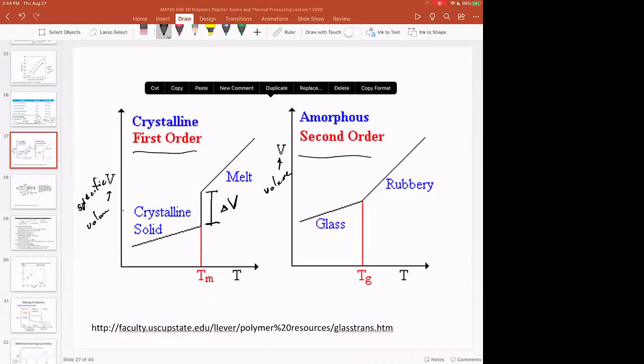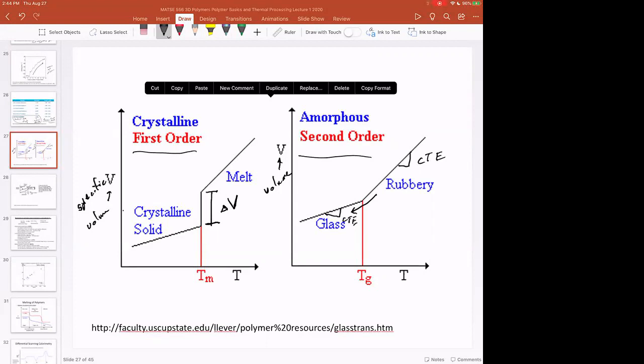So it contracts, or the specific volume gets smaller. That also occurs in the rubbery to glass transition temperature. So the slope of this line is the CTE, but there's a discontinuity in the CTE between a rubber and a glass.